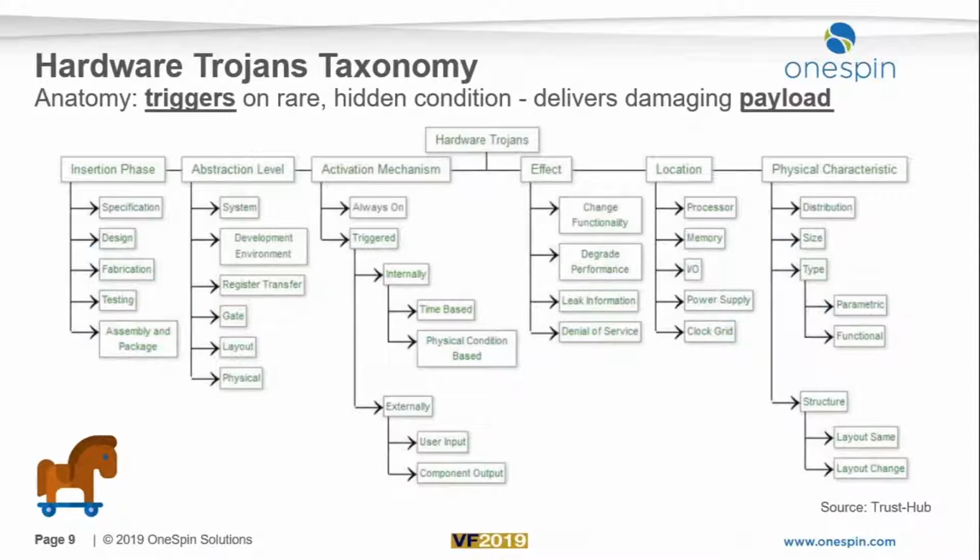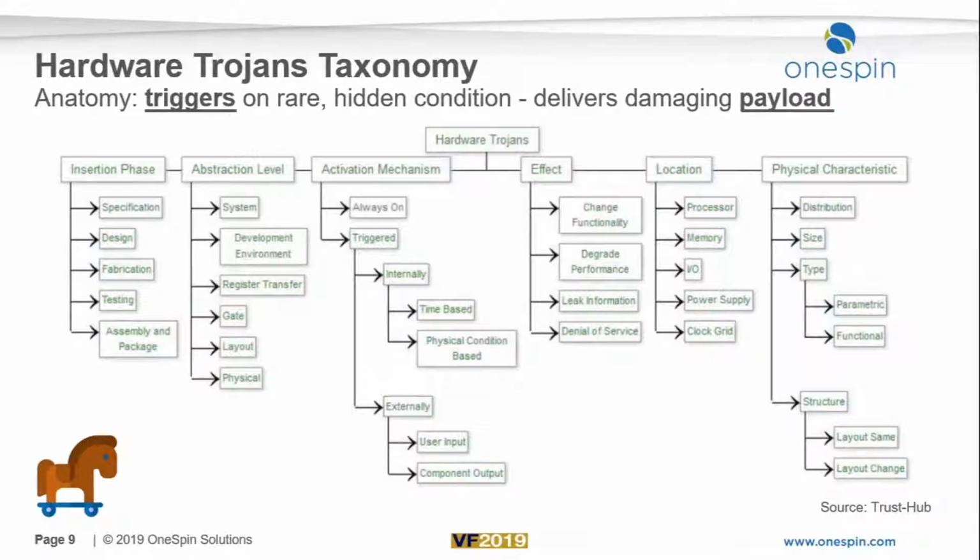So if we look at this taxonomy, we can see there are many aspects of hardware Trojans. The insertion phase: you could even have it in the specification and design, where you would have some ambiguities in the specification on purpose. Fabrication, of course. The abstraction level: you could insert it at gate level, layout, physical level, RTL level. What's the activation mechanism? What's the effect?